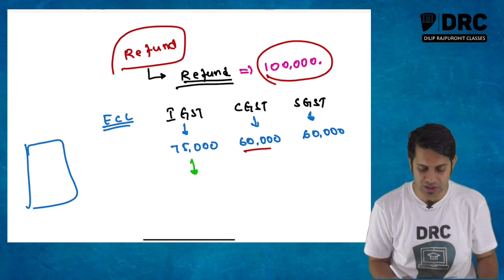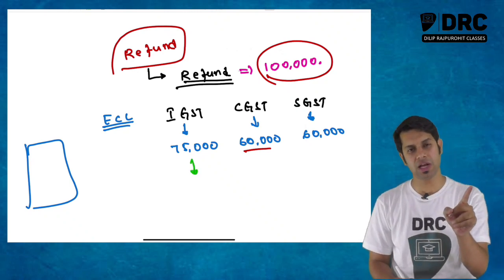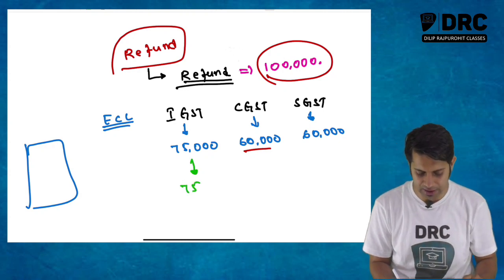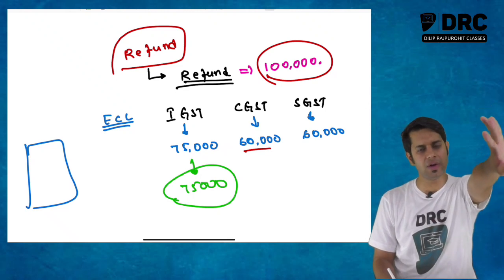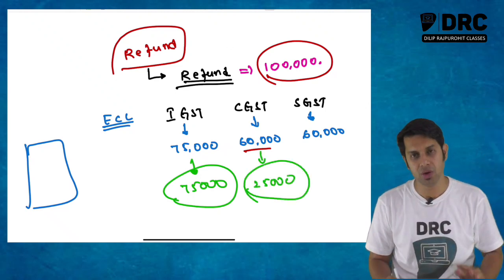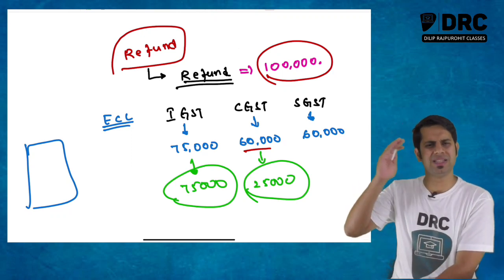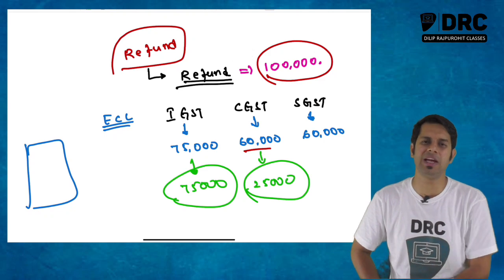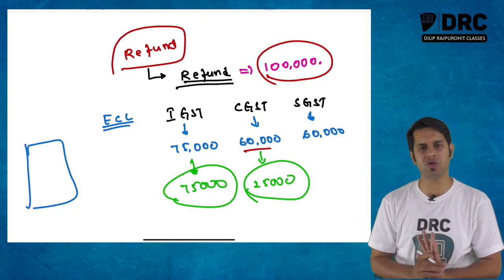Meaning, the 1 lakh rupees you are going to get shall first be given from IGST account 75,000, then the balance amount will be given from the CGST account. Then only will I go to SGST. Just the way you utilize the input tax credit for making payment of taxes, in the same manner refund also will be given to you.